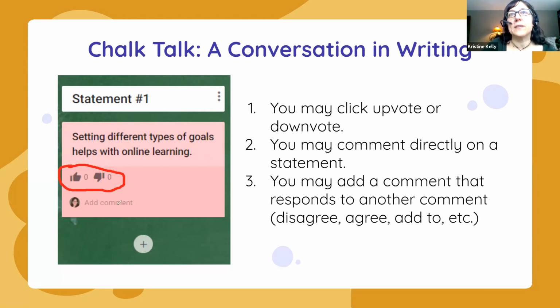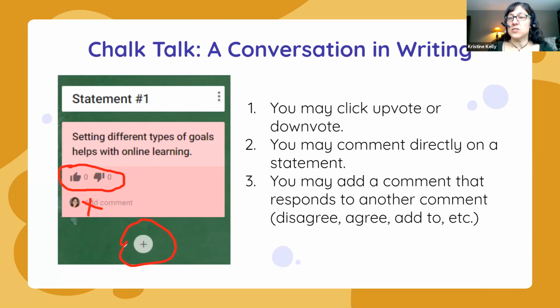You can comment directly on a statement. So here's the statement, you can add your comment down here. In addition, if you say, you know what, I want to bring up something that I want people to comment on related to this, you can click on this plus button and you can create a separate comment that people can then start to respond to.